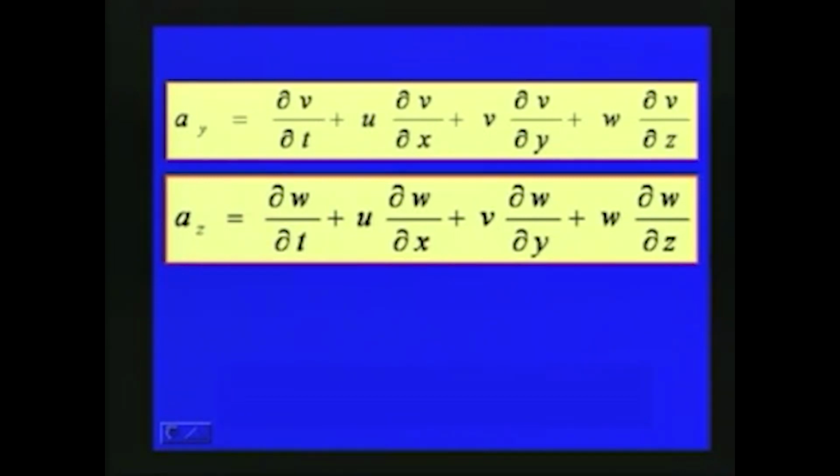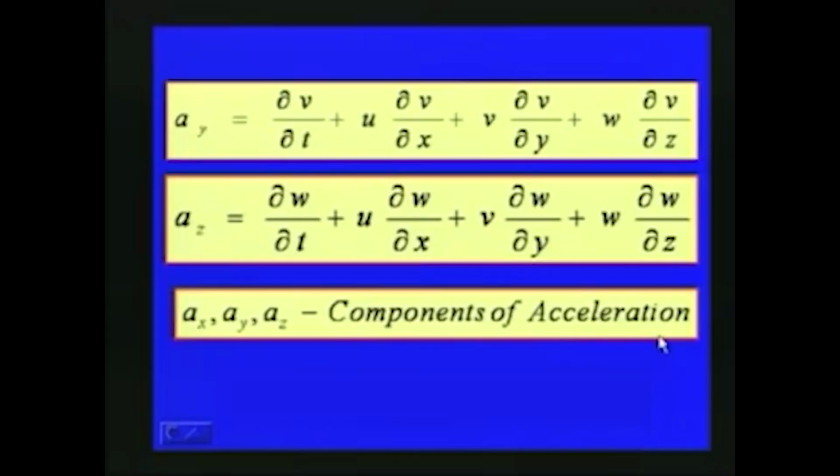So the acceleration in x, y, z direction is represented as a local acceleration term plus convective terms. This is the general methodology used for the determination of acceleration. So a x, a y and a z are called the components of acceleration.